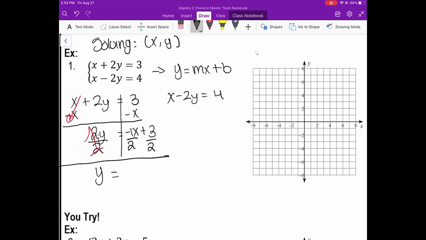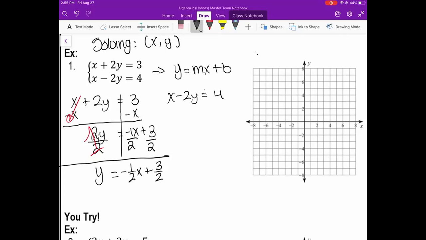So if it's in the decimal form, I'm not going to know which one is the rise and I'm not going to know which one is the run. So I'm just going to rewrite negative 1 over 2x, the same way. And then I got 3 divided by 2, which also gets me a fraction, but because we're going to be using the calculator, I'm just going to rewrite 3 over 2. I know 3 over 2 is 1.5. You can write 1.5 if you want to, but I'm just not going to do it.